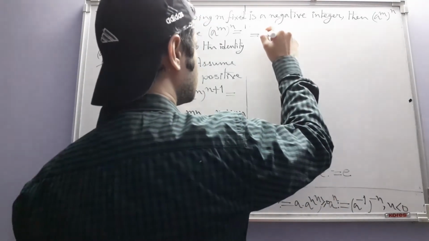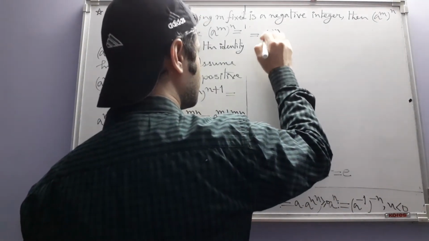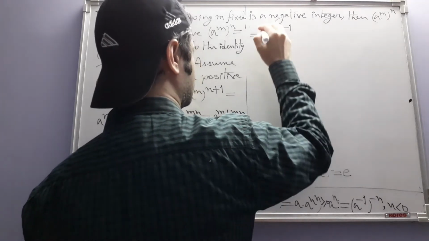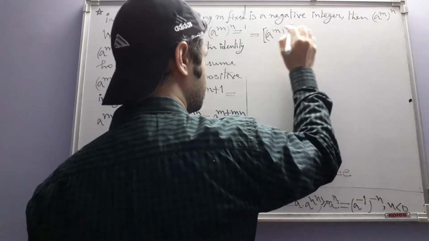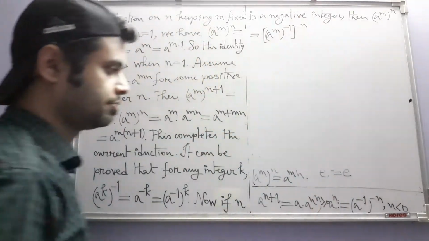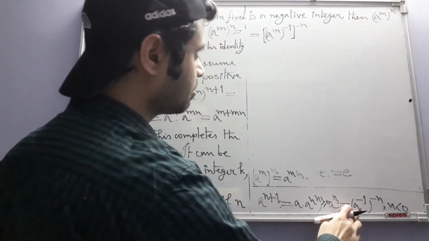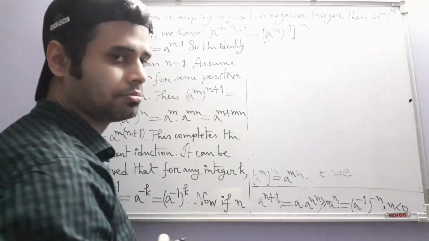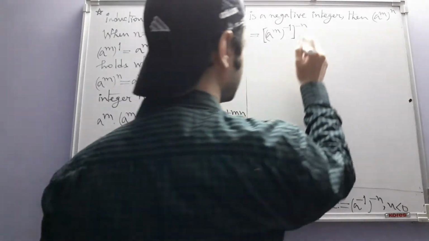So this is the inverse of a to the power m to the power minus n. See, here in place of a we have a to the power m, so that's how we have it like this.